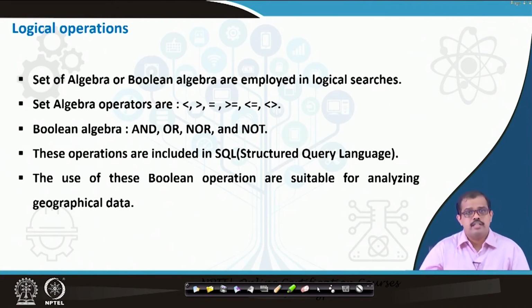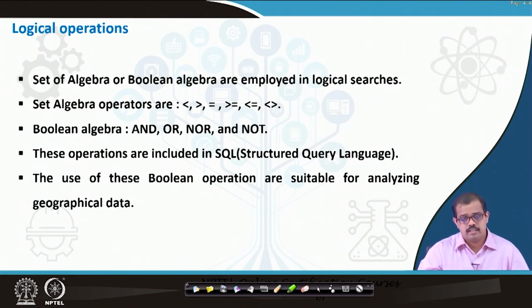The first operation is logical operations. When we look at logical operations, set algebra or Boolean algebra is employed in these logical searches. Set operations such as greater than, equal to, less than or equal to are normally used. For example, I gave you an example of the like operator in my previous lecture, which takes multiple statements.